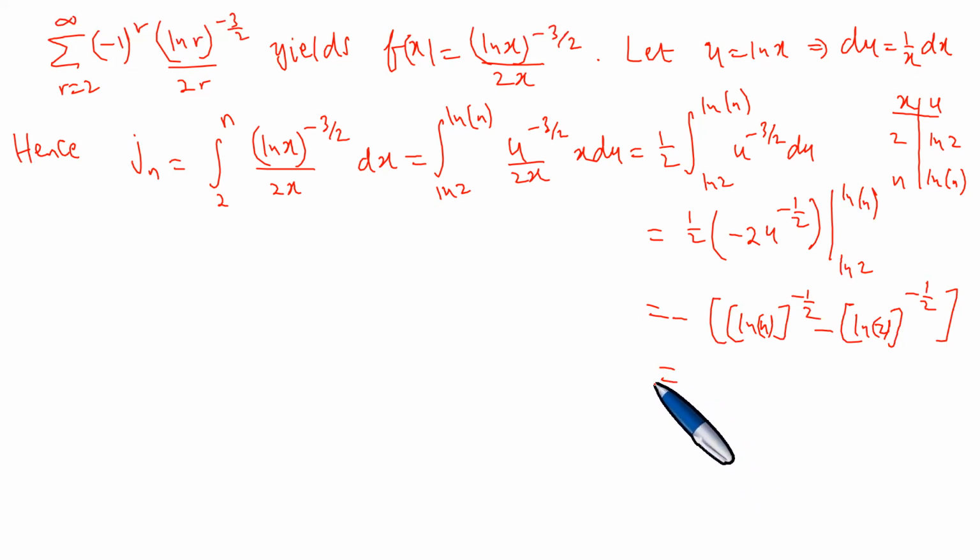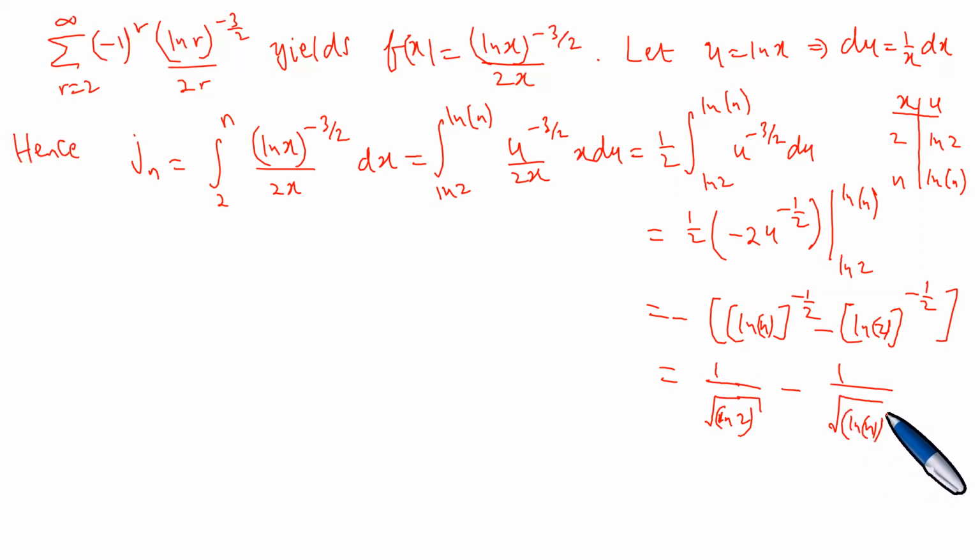What is this? 1 over the square root of ln 2, and 1 over the square root of the ln of n. Okay. Then you can take the limit.